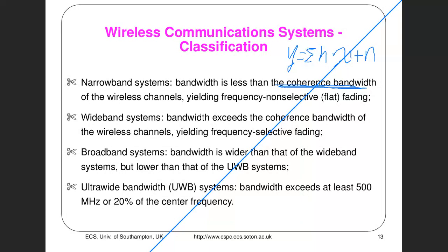So the channel's bandwidth is the collection of frequencies, or frequency band, over which h does not change. It remains constant. If h is changing, then we would have problems.